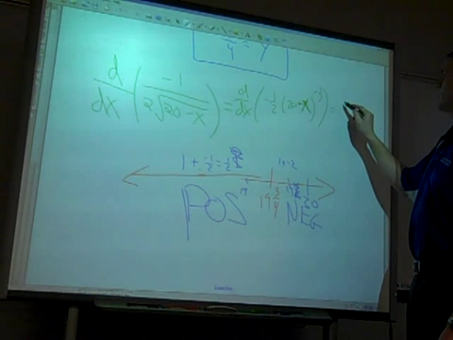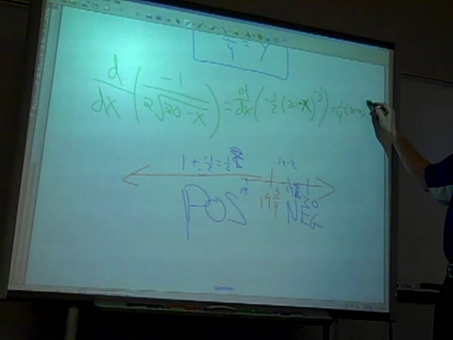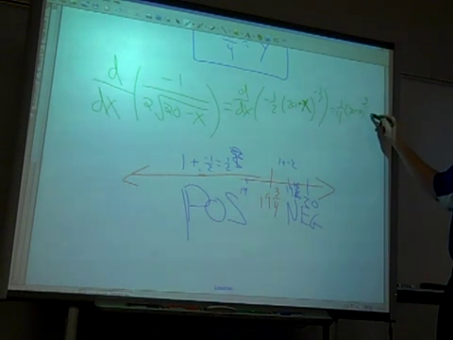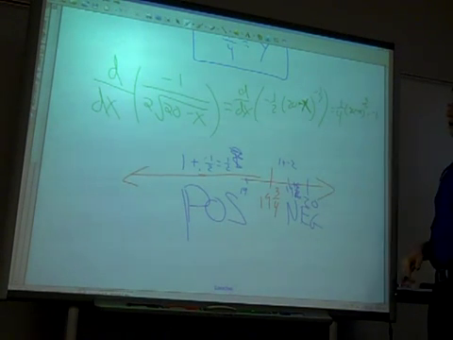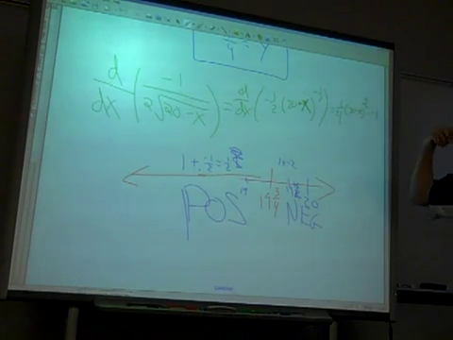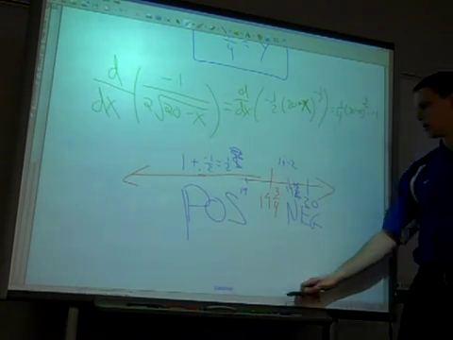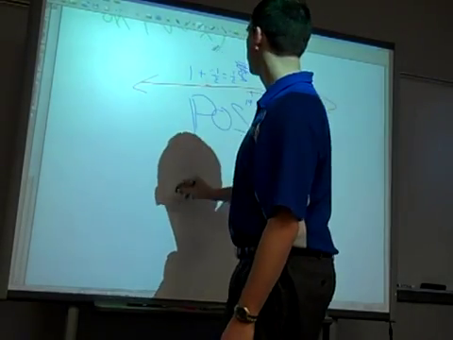With the power rule, you get 1/4, 20 minus x to the negative 3/2 times negative 1. Plug in your value, and you're going to get a negative, because it's times negative 1. And so you know it's a maximum. But anyways, max.